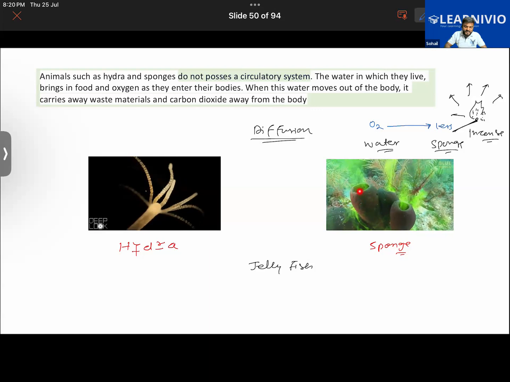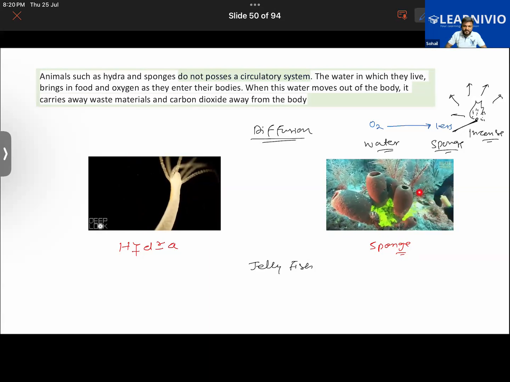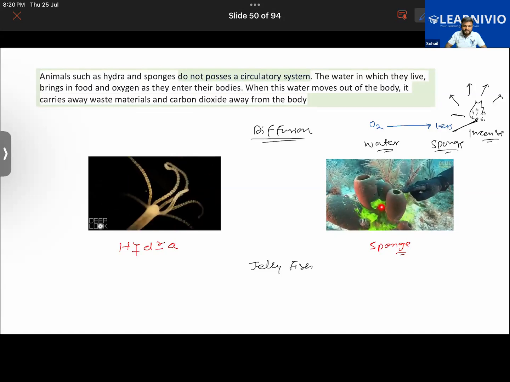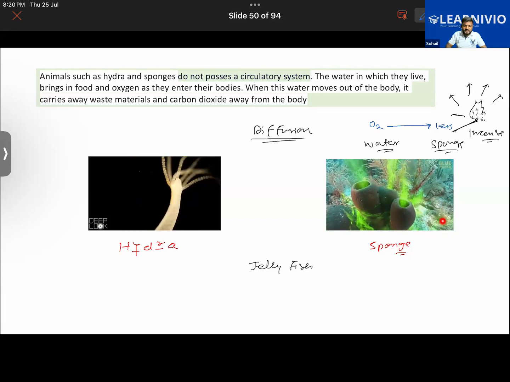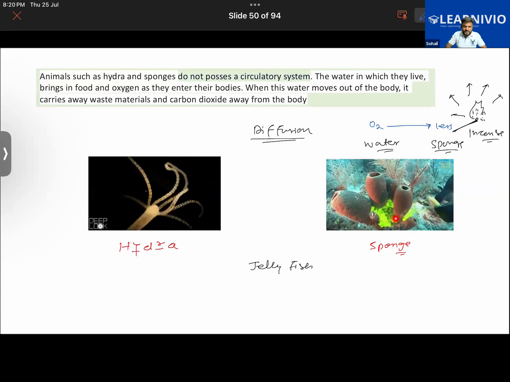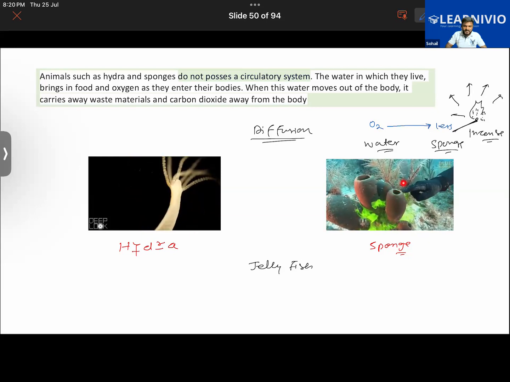As the one that you see in this green color, by the way, it is being highlighted to show you the structure and how they would be absorbing it. So this scuba diver has released something into this, and here you would have observed that from the bottom they are absorbing it, and from the mouth they are releasing it, right?